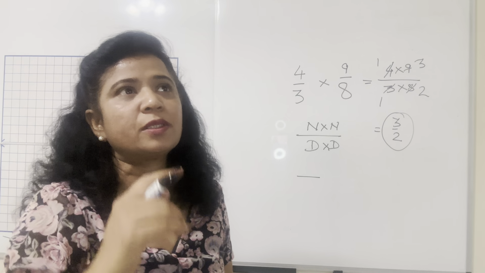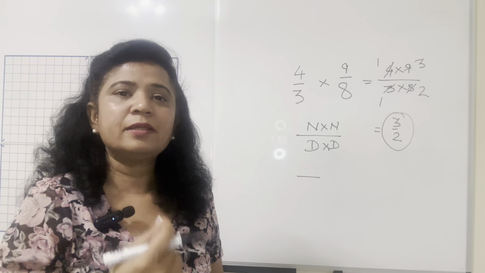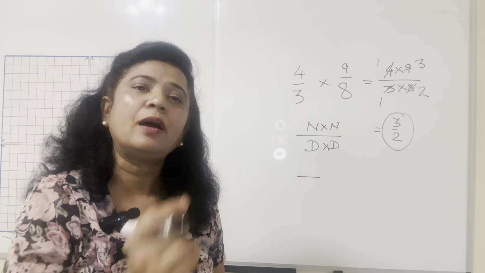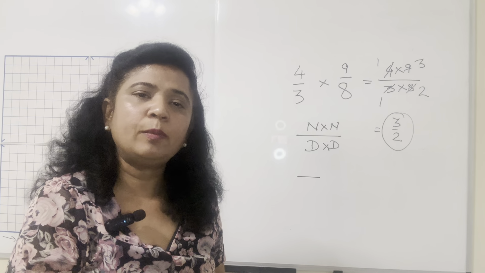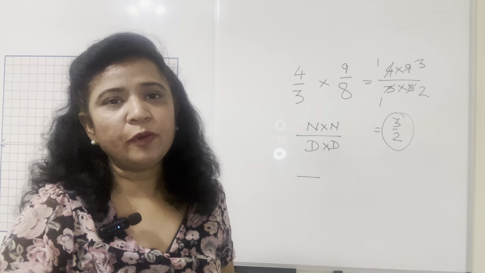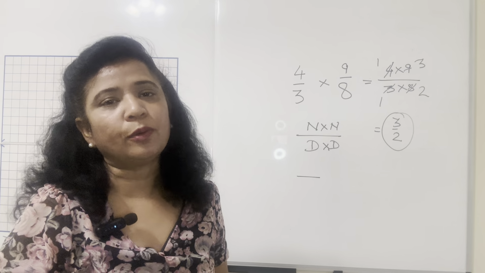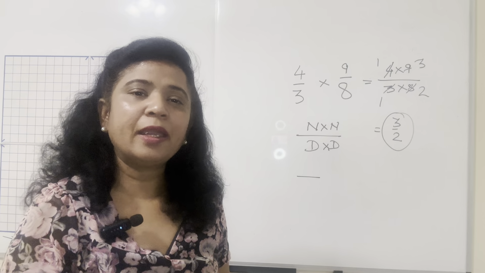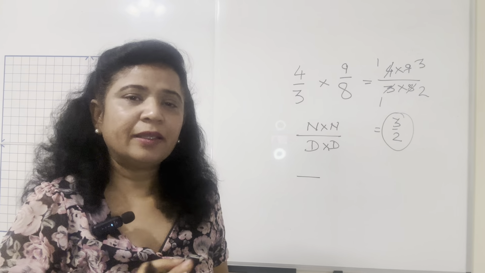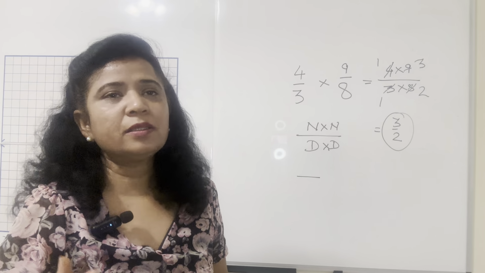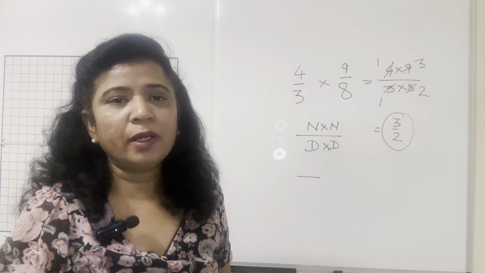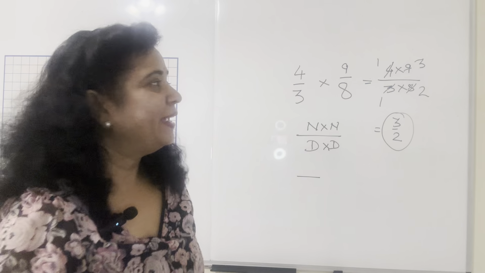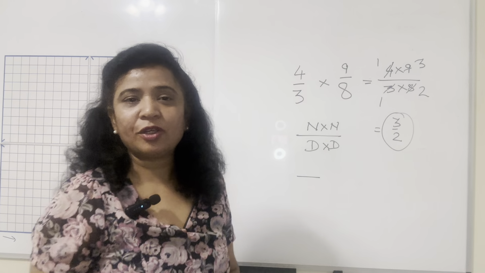If both are divisible by that common number, divide it. As I said before also, you are supposed to write your answer in the simplest form, where it is not again divisible by a common number. That is called simplest form, which means that you cannot divide numerator and denominator by any common number other than 1.